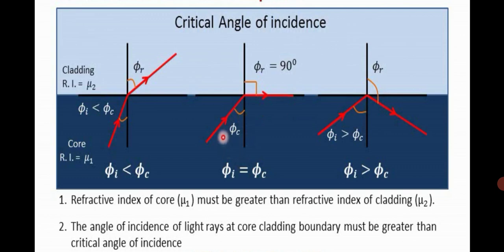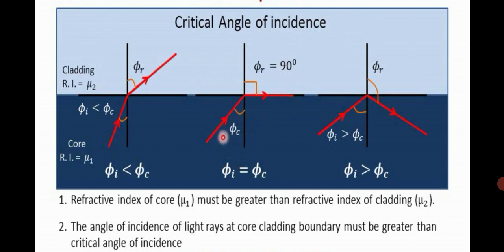Now when we increase the angle of incidence, as in the middle figure, the angle of refraction becomes 90 degrees. The angle of incidence for which the angle of refraction is 90 degrees is called the critical angle of incidence.